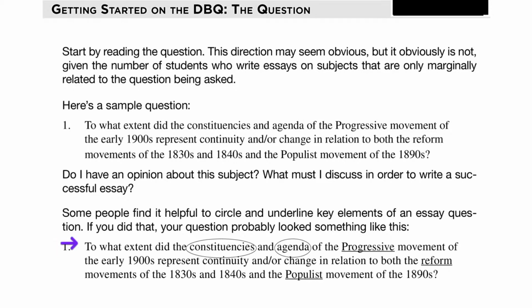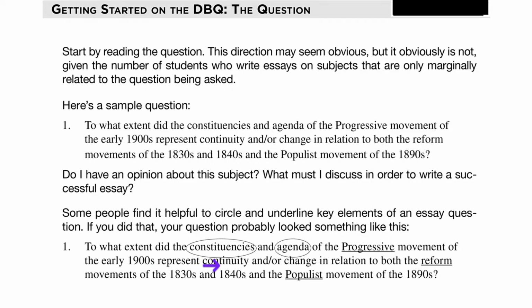So to answer this successfully, we have to think about who the progressive movement was representing or who was part of the progressive movement, who might have benefited from it. That's what they mean by constituencies. And also their agenda. In other words, what were they trying to accomplish? What were their major issues?